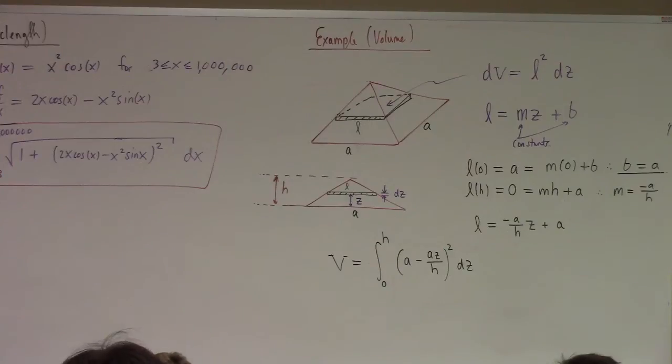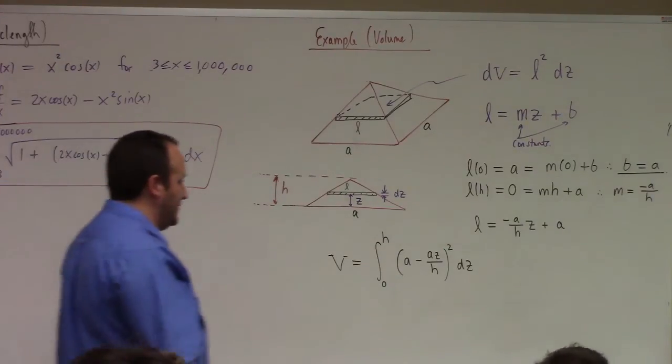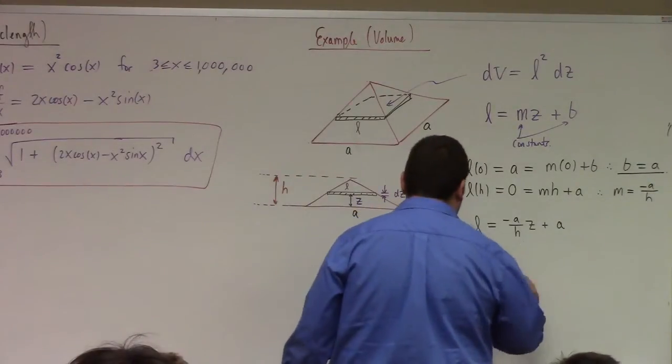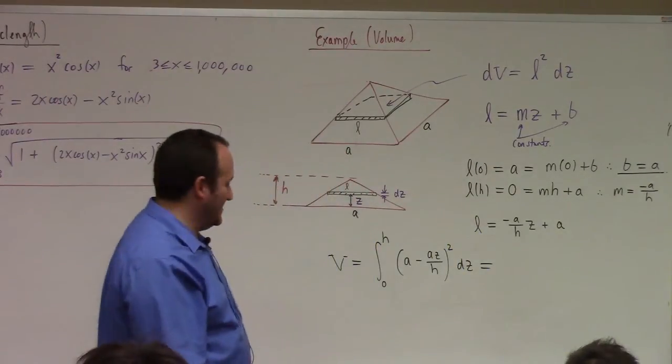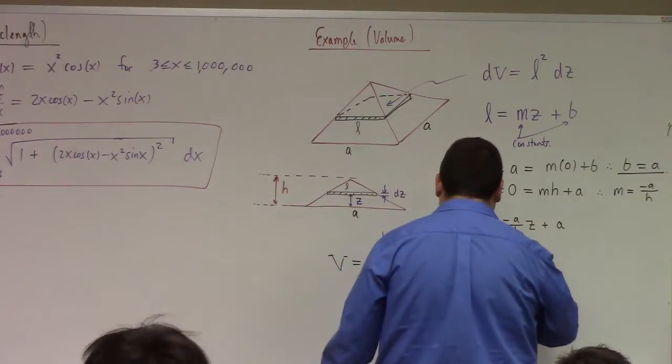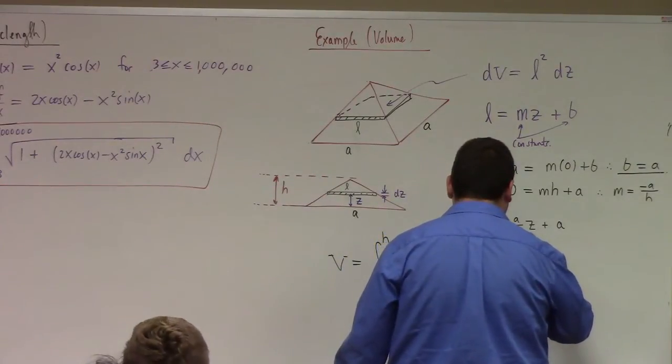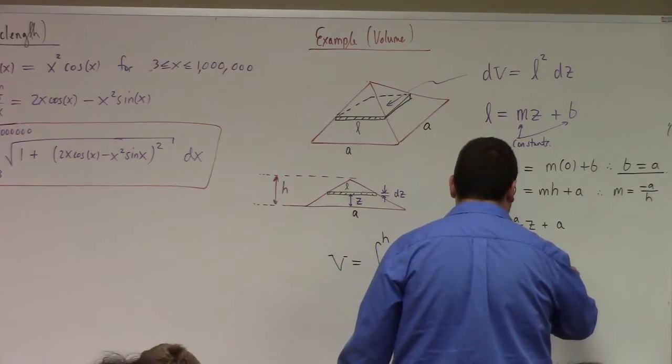I would recommend not foiling that out. For me, a u substitution is really helpful here. Actually, you know what I'm going to do? I'm going to make an L substitution. So this is the integral of L squared, and then I've got dl times what?